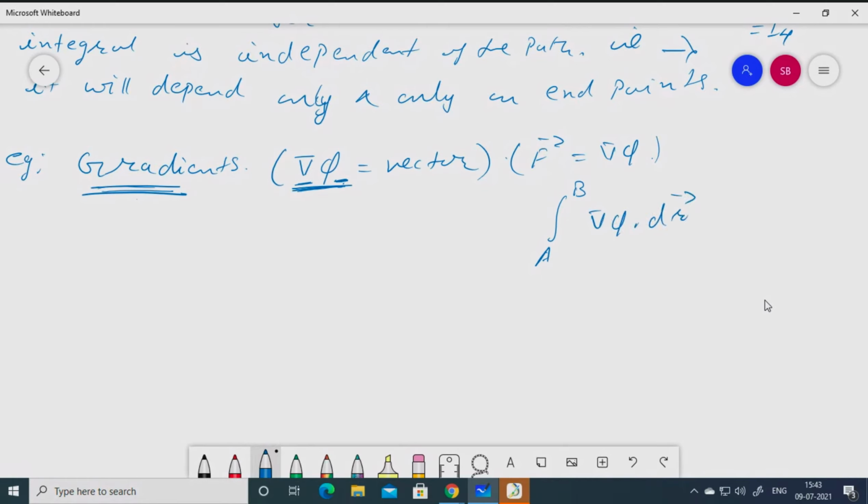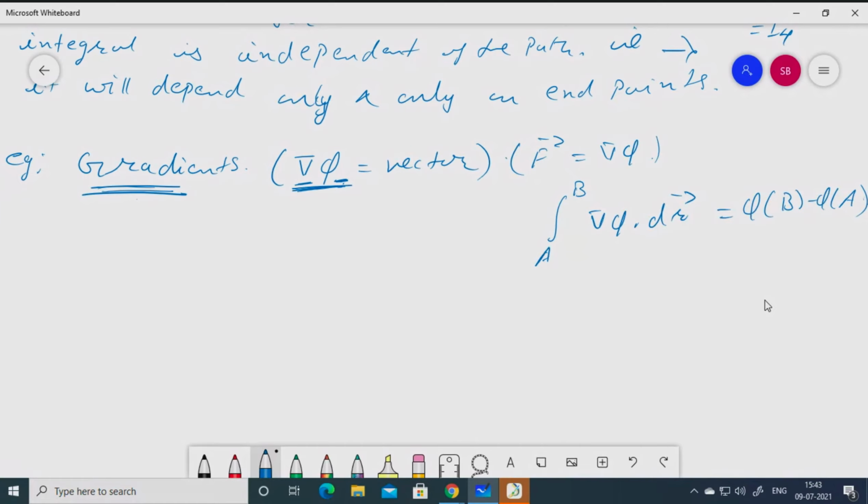F bar is del phi dot dr bar, and this value will be equal to nothing but phi of b minus phi of a. Let's see how that works. So this doesn't depend at all on the path, as you can see.